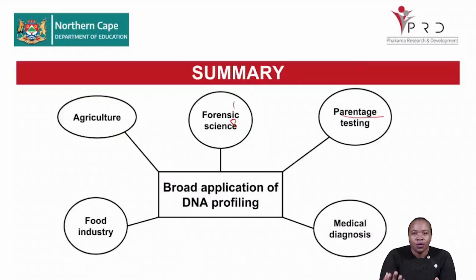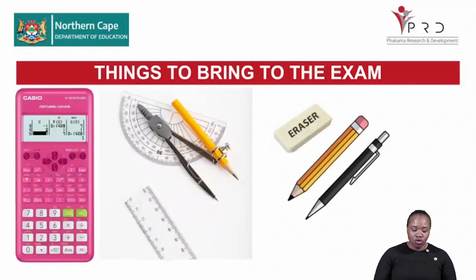So look at the uses, look at how to interpret these DNA profiles better, like I said, use your ruler and also understand how to identify the bands as you are comparing the DNA profile of the mother, the child, and the possible fathers during paternity testing.